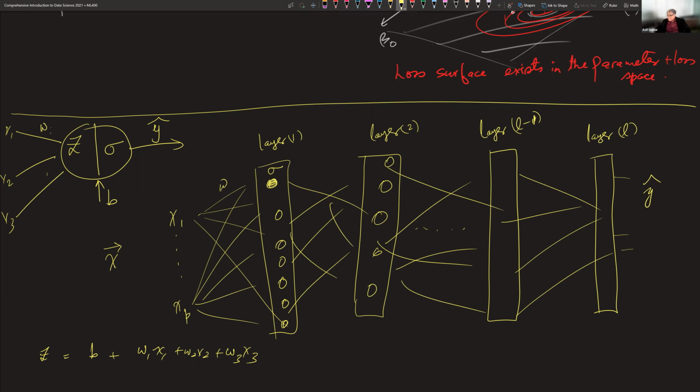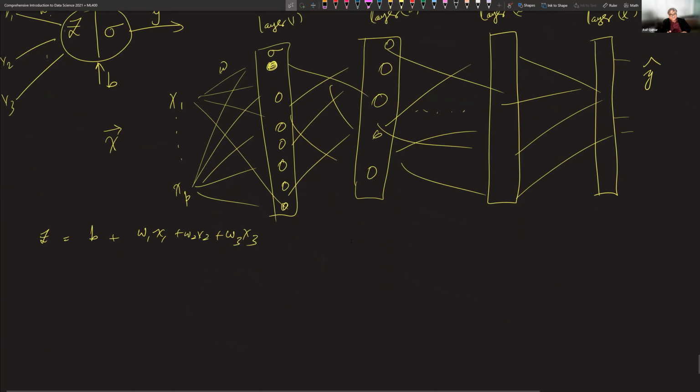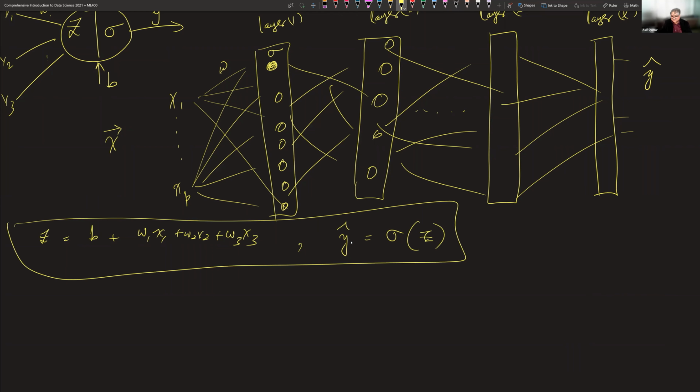So you can write it like this. Now you realize that in a single neuron, the Y hat is the activation of Z, isn't it? This is the relationship for a single neuron. But now, when you create a complex neural network, things become very interesting.